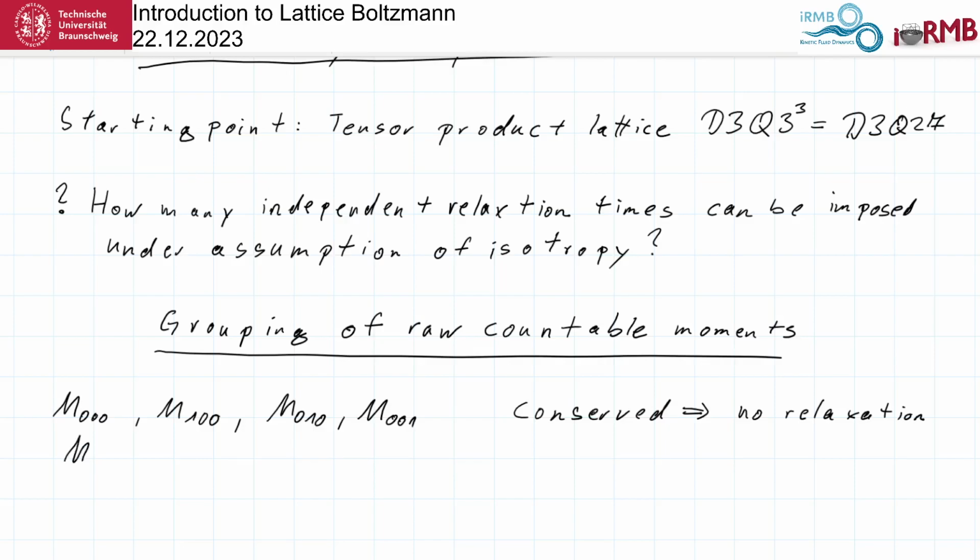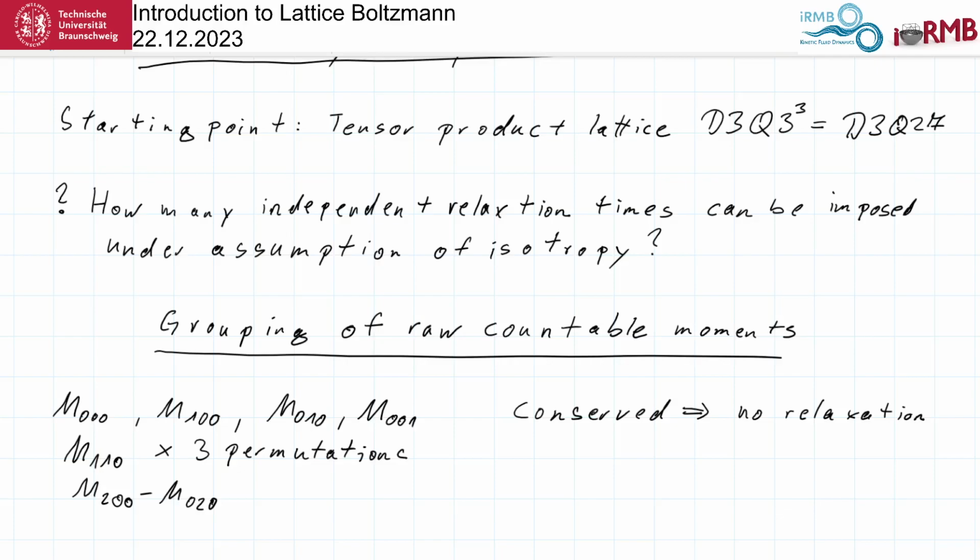Then we have this kind, M110 with 3 permutations. Permutations means by exchanging the indices. Then we have M200 minus M020. So this is now a rearrangement. It is itself not a countable moment, because a countable moment is of course M200.